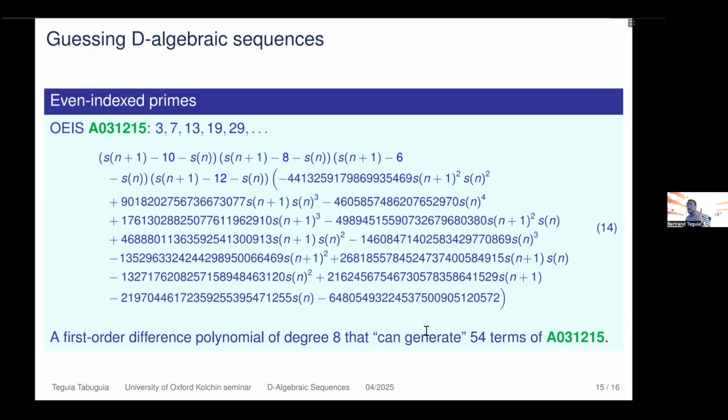And one thing I want to mention also is that these 12, 6, 8, 10 are well-known prime gaps, like the 6 and the 12. And it also tells you that if you want to find algebraic difference equations for the primes, here is an idea of how to do it.